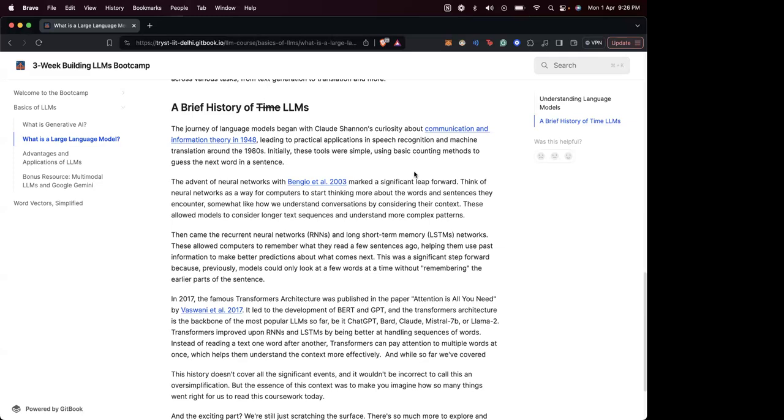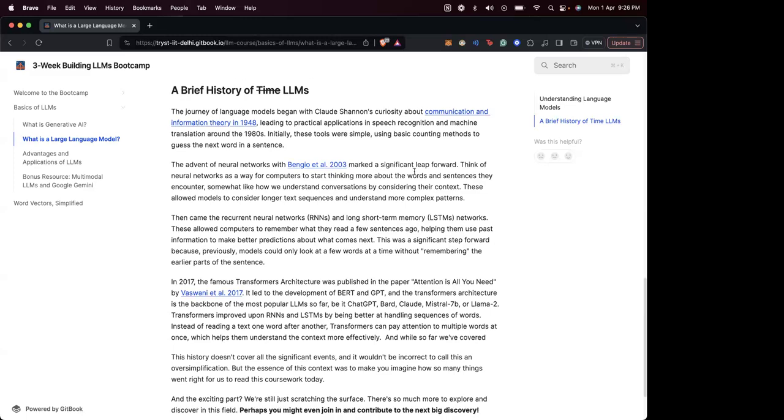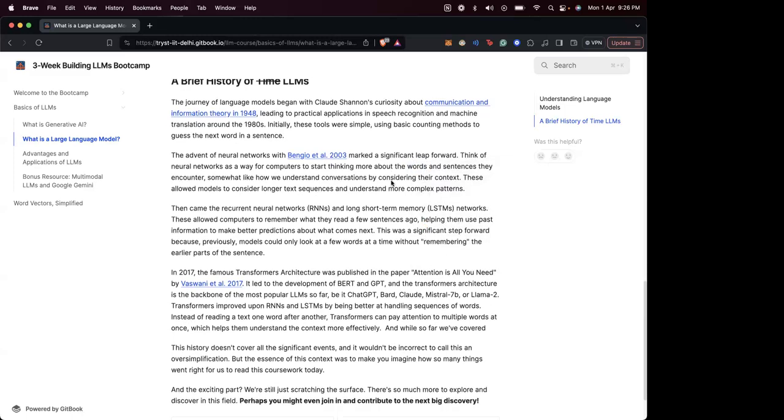Similarly, using this neural network architecture, you could consider the context of the entire sentence, or the entire paragraph so far, to predict the next word, instead of just the previous word or the previous two or three words. This allowed models to consider longer text sequences and understand more complex patterns.